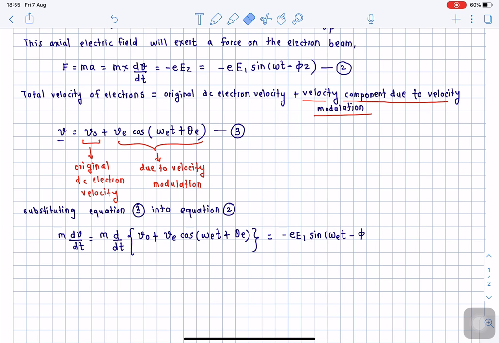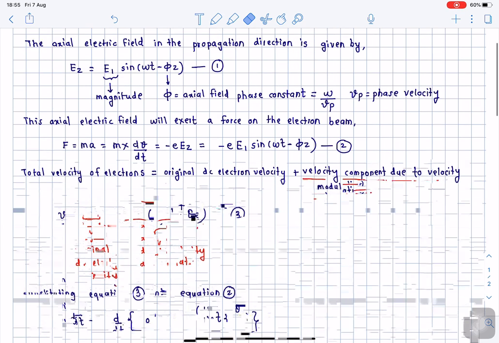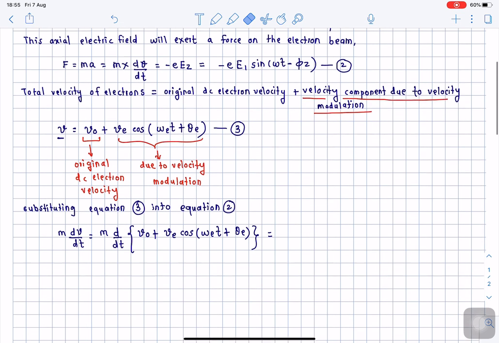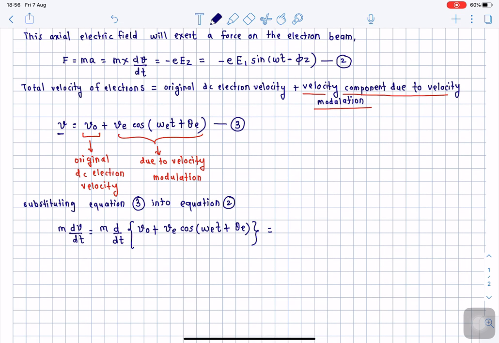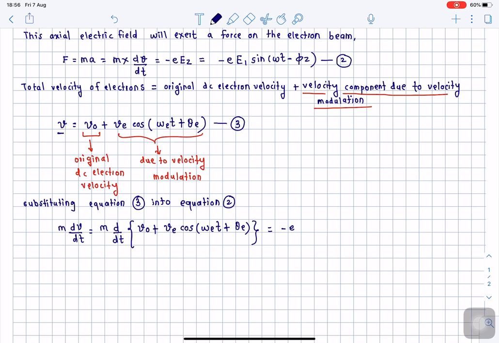So when you substitute, what is on the right hand side of equation 2 we write as it is: minus E1 sine of omega t minus phi z.